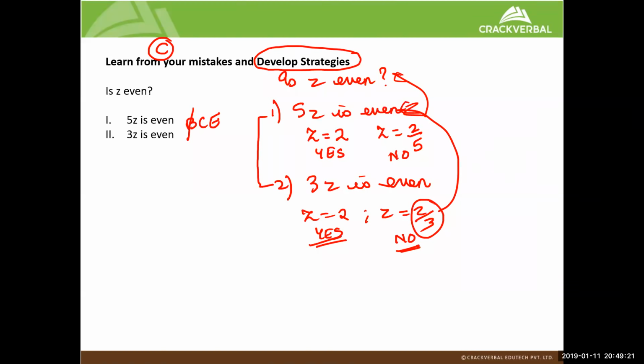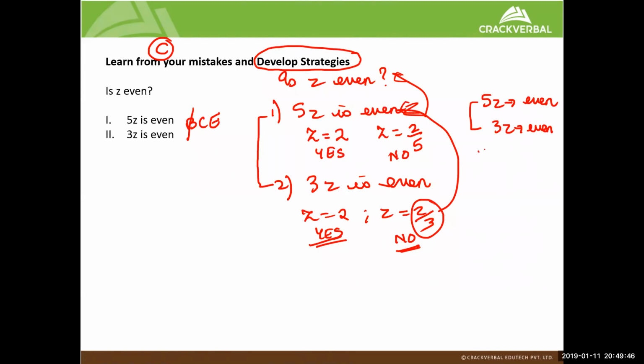The second thing is when you're combining statements, now things become very tricky, because when I combine the statements, I have 5Z to be even and I have 3Z to be even. The problem with combining statements is I have to make sure that whatever value I take for Z has to satisfy both statements simultaneously.